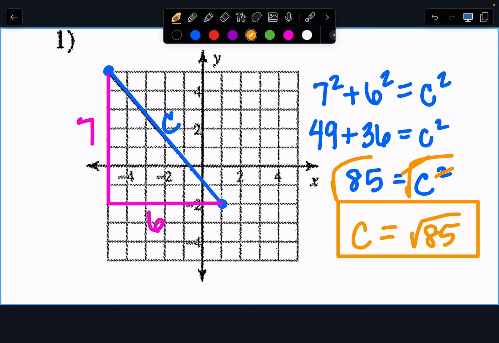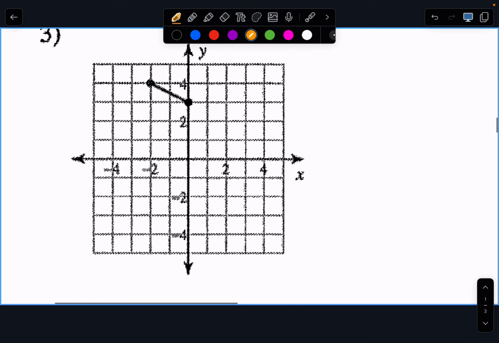Okay. So what I need you to do, I need you to go down to number 3. I want you to draw the triangle for number 3. Straight up and down, straight left and right. Is this going to be a large or a small triangle that you draw?